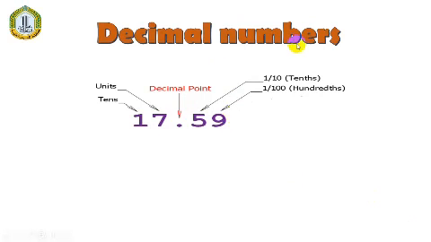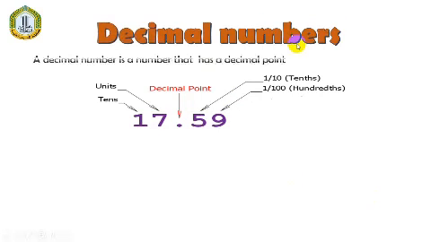Decimal numbers. A decimal number is a number that has a decimal point. For example, 17.59. Here is the decimal point. To the left side of the decimal point, we have the units, and after that, we have the tens.